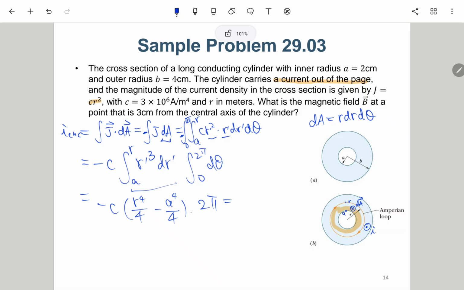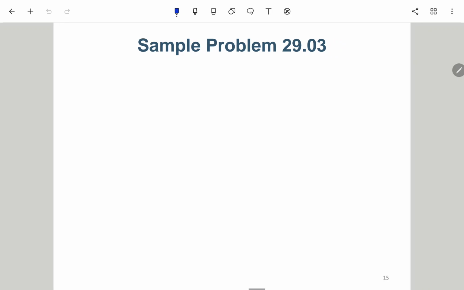So the answer will be negative pi C over 2 times r to the 4th power minus a to the 4th power. Okay, so this is only the I enclosed. So we have I enclosed equals negative pi C over 2 times r to the 4th power minus a to the 4th power.